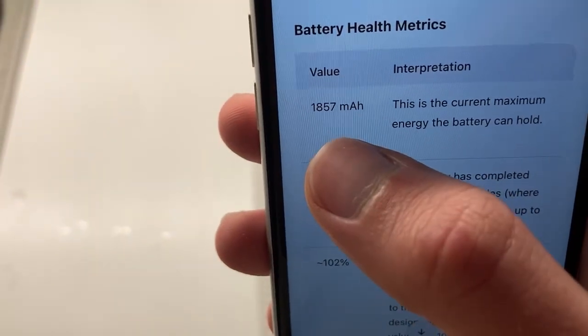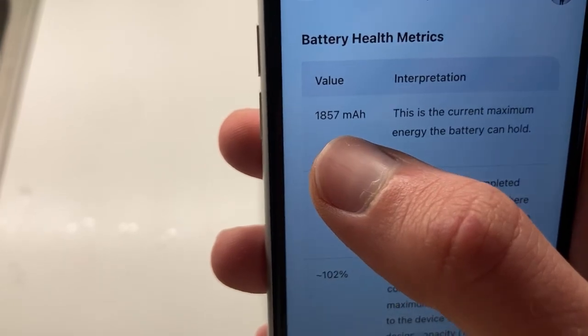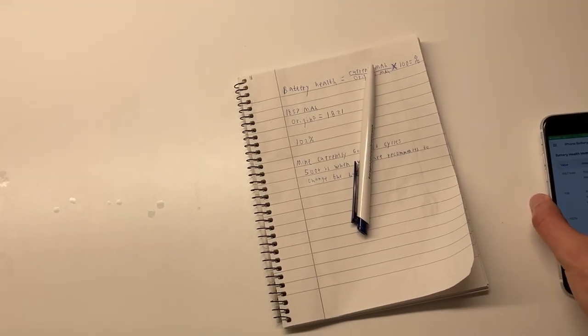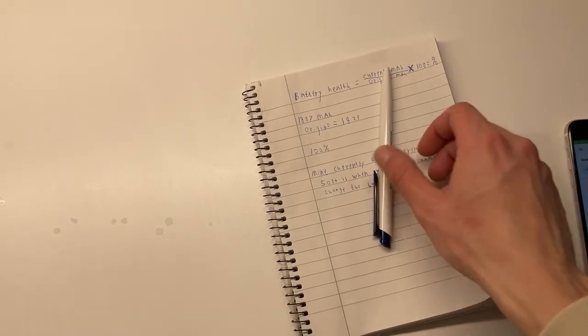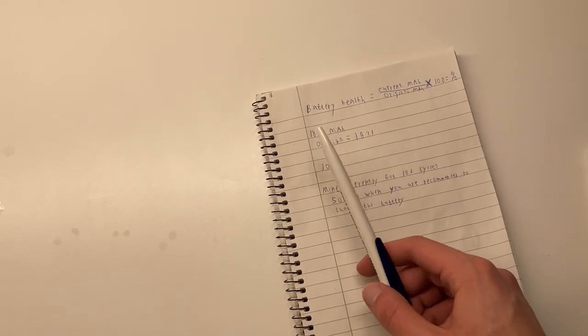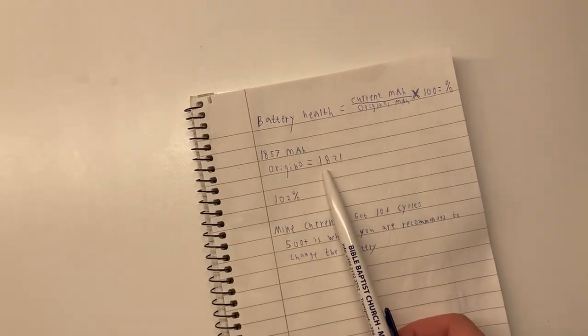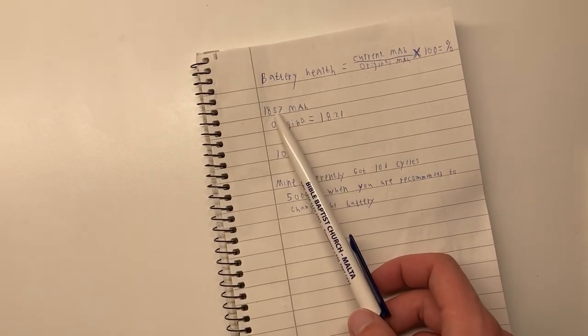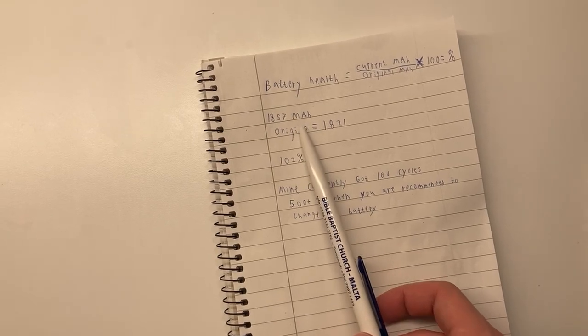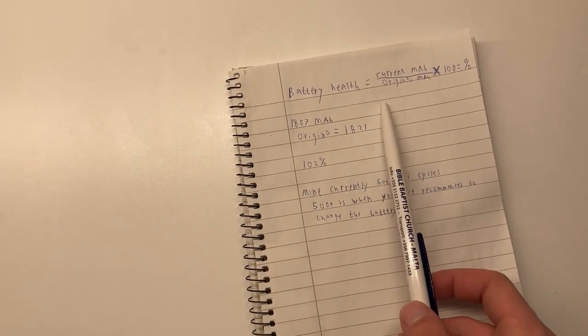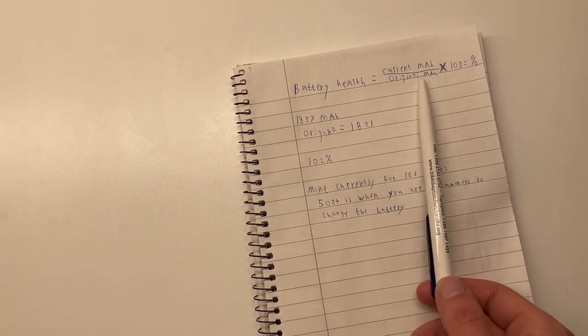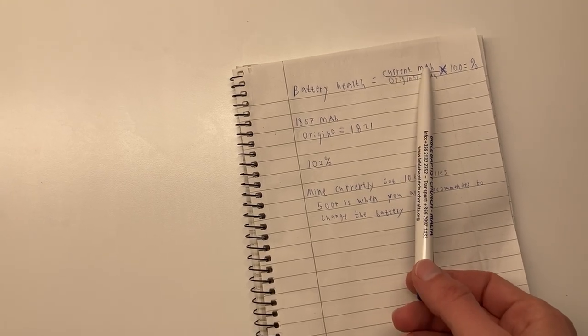It saw it had 1857, and the max capacity on iPhone SE 2020 is supposed to be 1821. So the battery had over the original max capacity. So you put the original max capacity here and the current one.